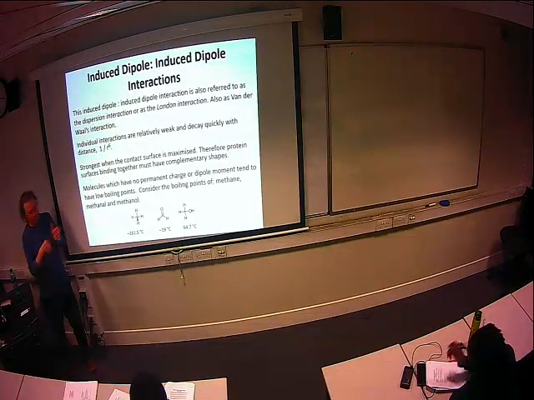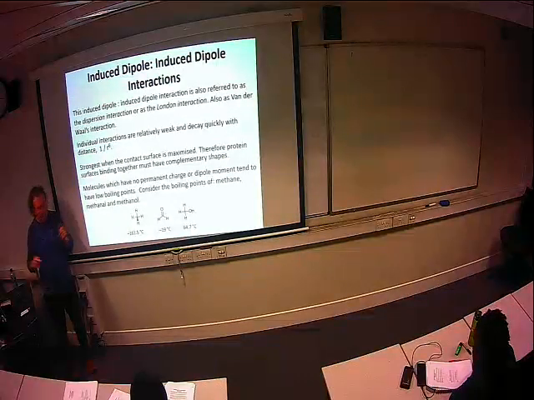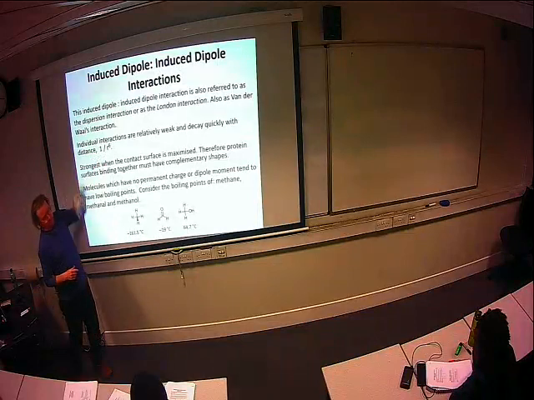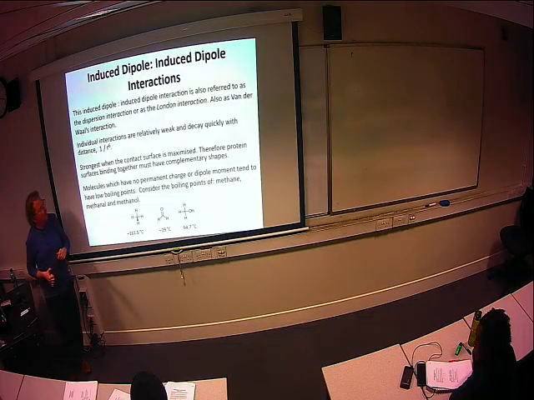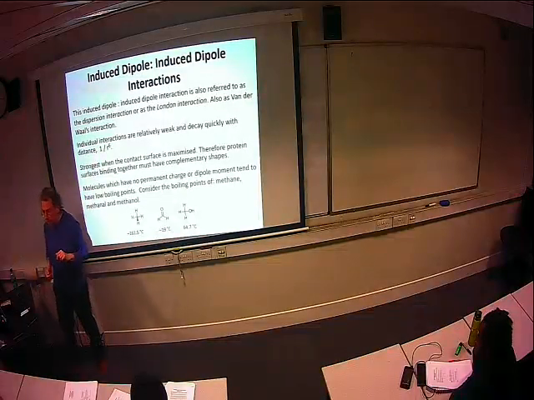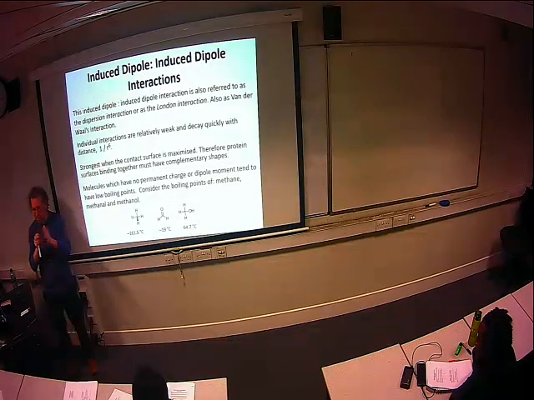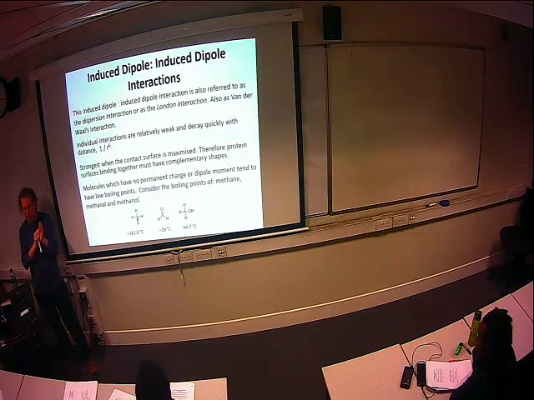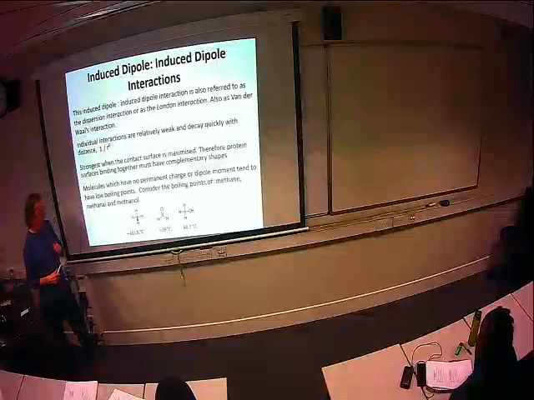If you look at how the strength of the interaction changes as you separate the molecules, it varies by 1 over the distance to the power of 6. So it only works if they're very close together. That has implications for protein structure. If you're thinking about how the hydrophobic bits of a protein stick together, you have to have a very close matching up of the surfaces of the protein that are coming together by this type of interaction. Very complementary shapes.